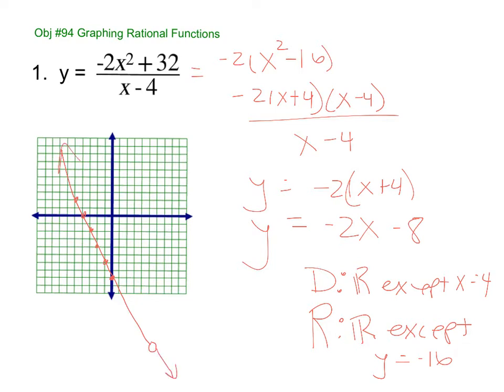So it's a line with a random hole in the middle of it, and that's called a discontinuity. You get into that in calculus. I've seen some Algebra 2 classes get into it. That spot is a discontinuity.